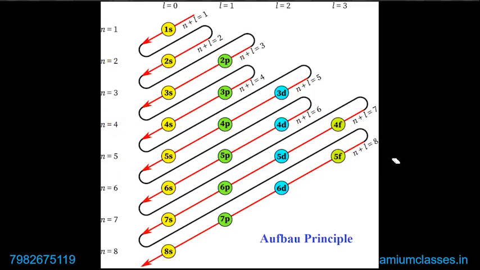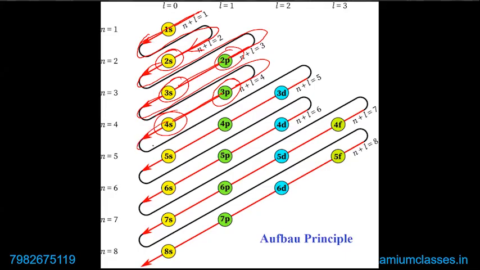Now, how to draw the sequence? The sequence will be as shown in the diagram. It will be 1s. After 1s, it will go back, 2s. After 2s, it will go back again, 2p, 3s. After 3s, it will go back, 3p. And if you see after 3p, it is not 3d, rather it is 4s, which is as per the above principle.